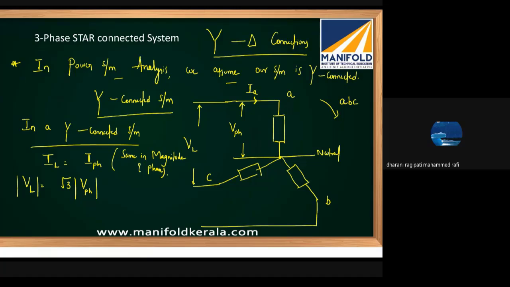And the second point is the line to line voltage leads the respective phase to neutral voltage by 30 degrees. The line voltage leads the phase voltage by 30 degrees in a star connected system. These 2 points we have to remember in a star connected system.